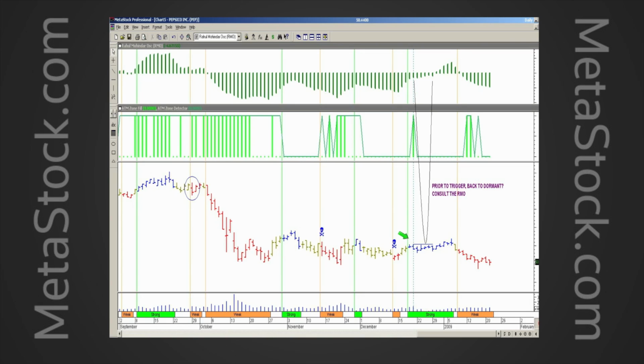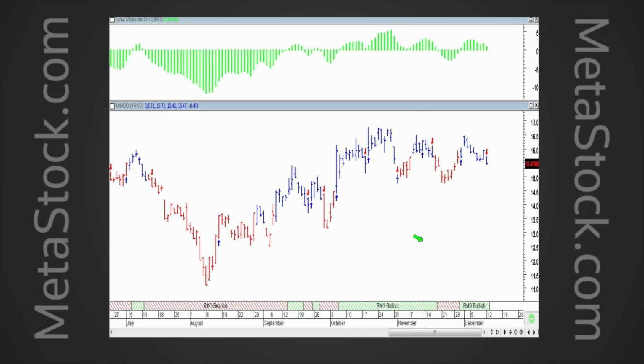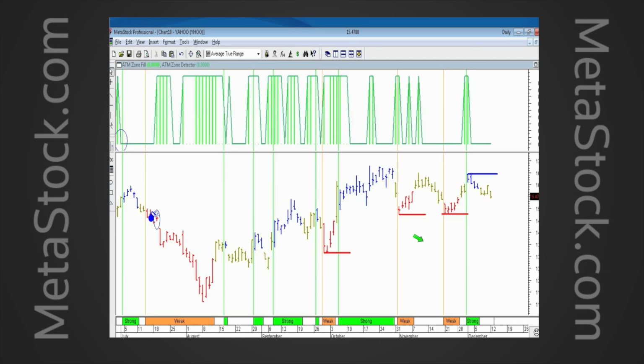You haven't got triggered. So you just want to make sure that, okay, I'm going to just delete the order because it doesn't look too good. We've dropped back to dormant. The RMO is still negative. There's no point to go ahead with this. Okay, so that's an interesting way to use this. These are more and more examples. This is a chart of Yahoo, and you can see it's been quite up and down on the dailies.